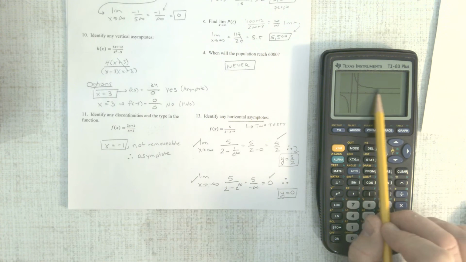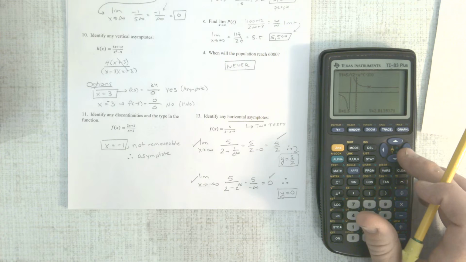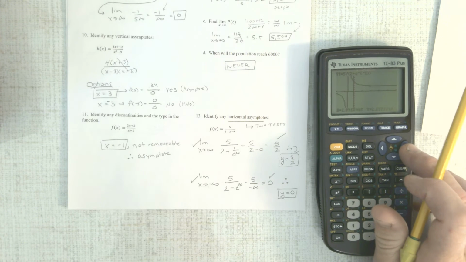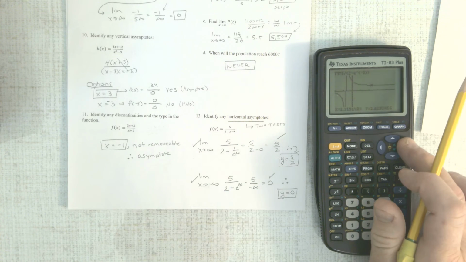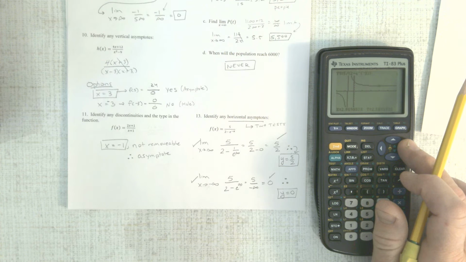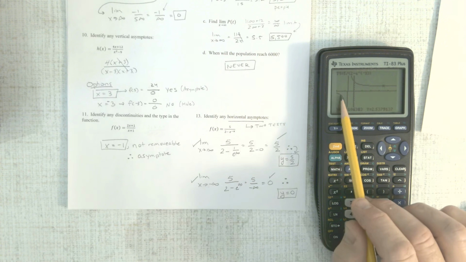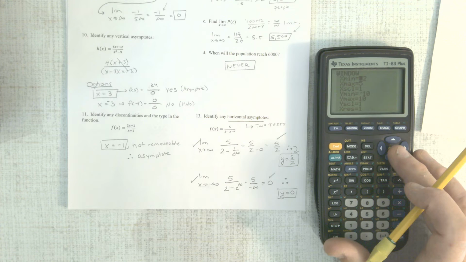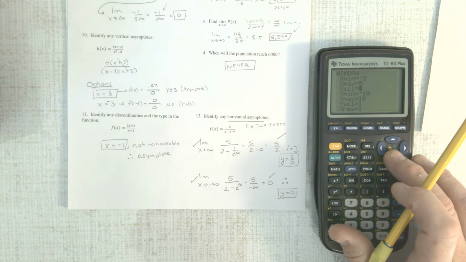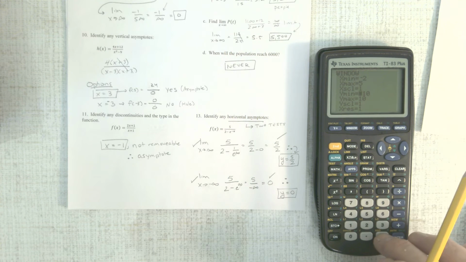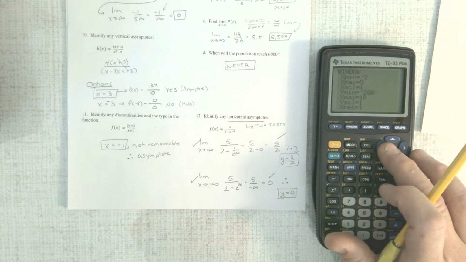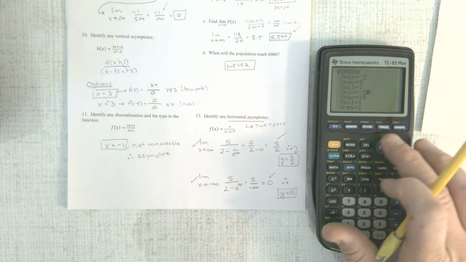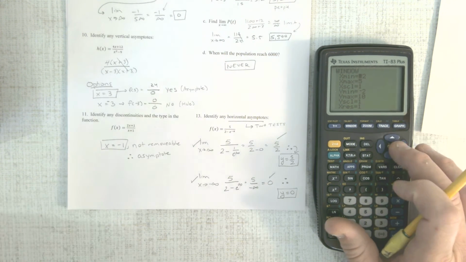Take a look at that graph right there. If I hit trace, look what those numbers are getting close to right there. If I go to the right, where is it going down to? 2.5. And if I trace over here, I didn't go out far enough. Let's go out to 10.